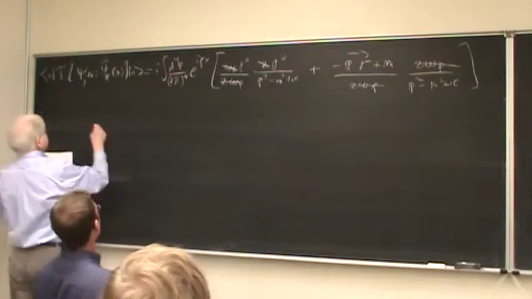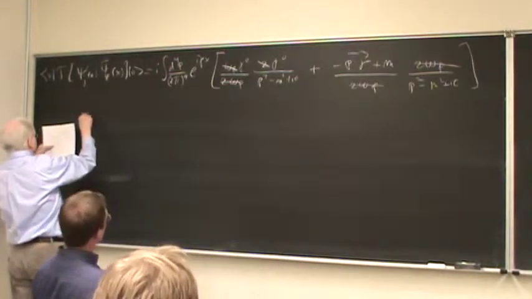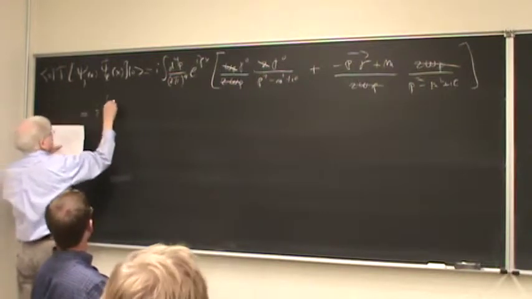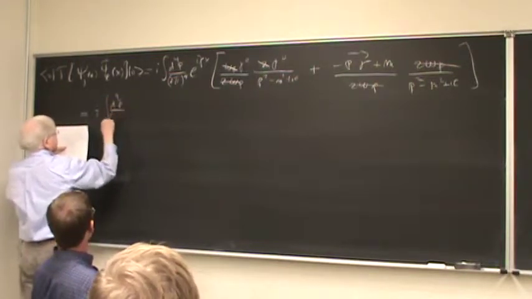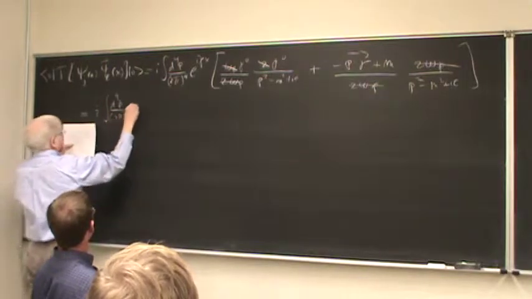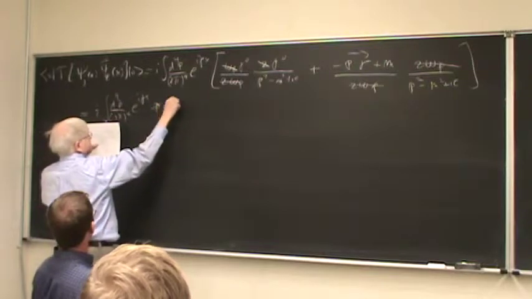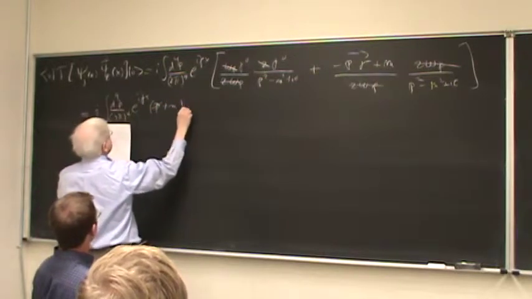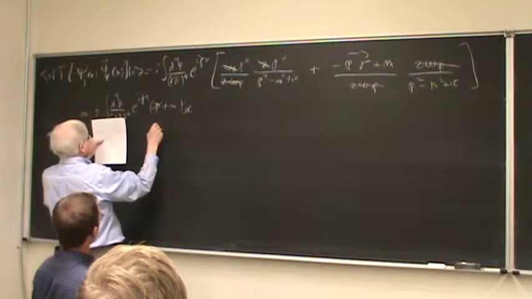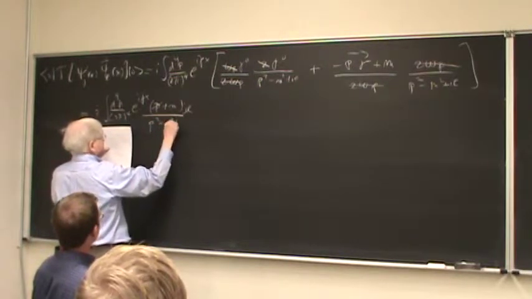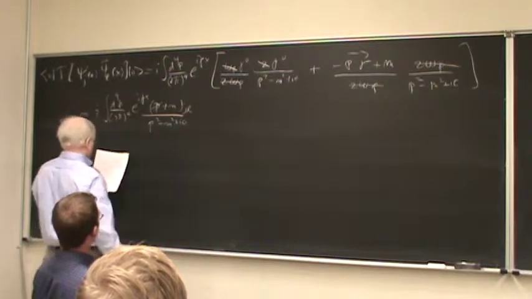And so this thing is I integral d fourth p over 2 pi to the fourth e to the I px p slash plus m, and now I'll put in the indices JL over p squared minus m squared plus I epsilon.